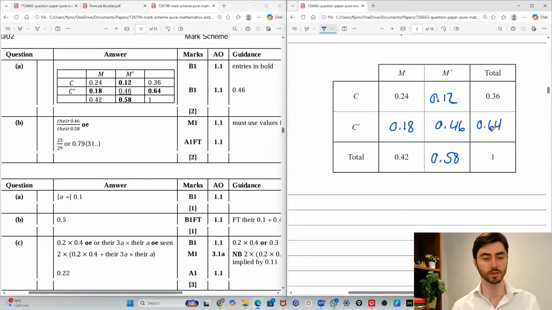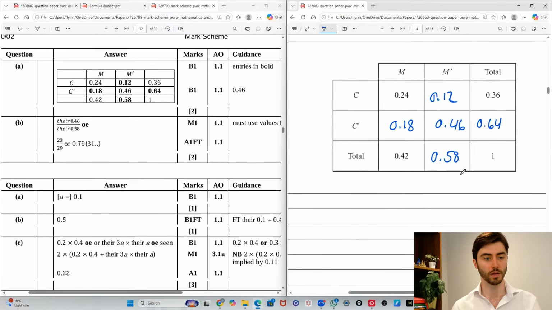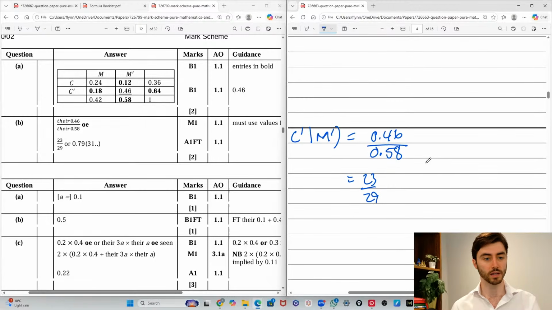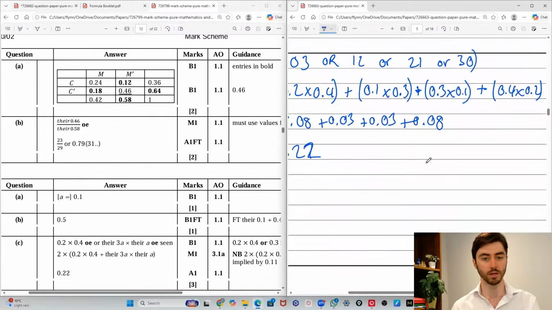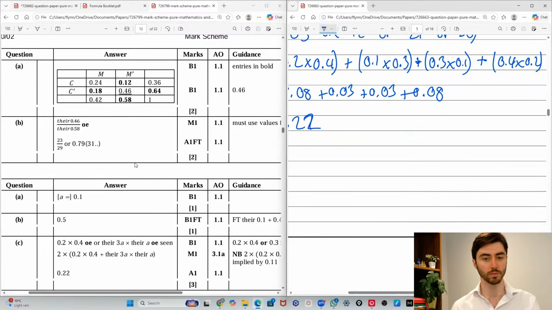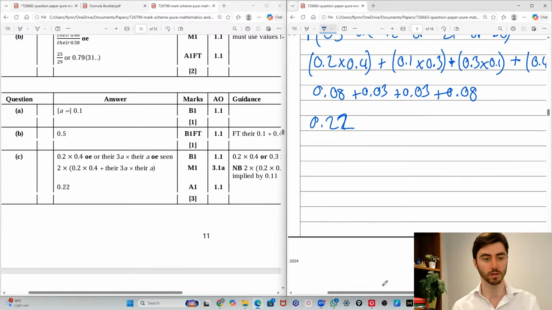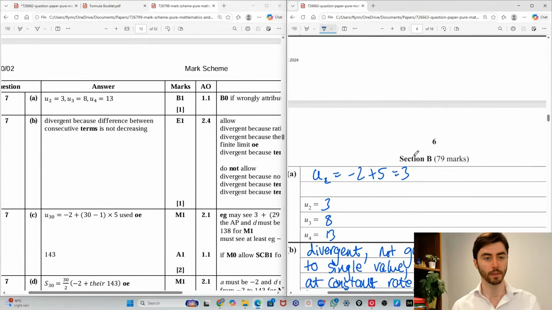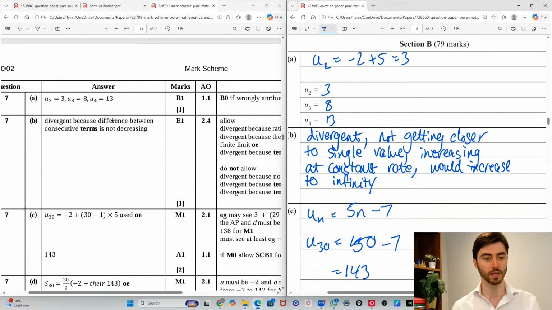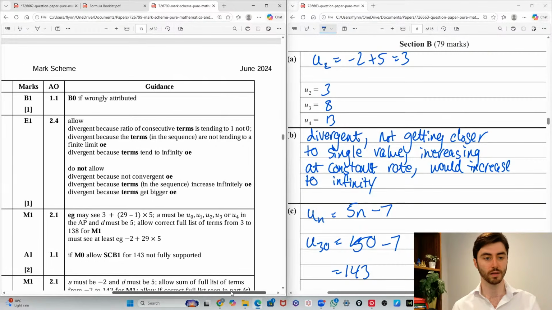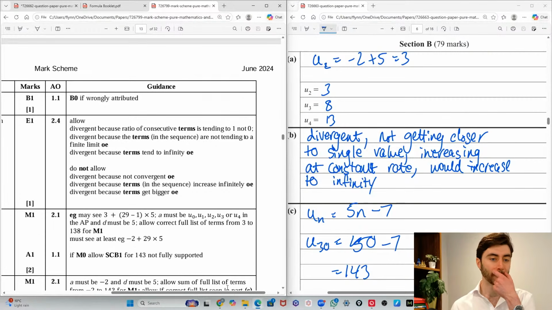0.12, 46. Yep. 23 over 29. Yep. 0.1, 0.5, 0.22. Good. 3, 8, 13. The difference between consecutive terms is not decreasing. Allow a bunch of stuff. Terms are not tending to a finite limit.